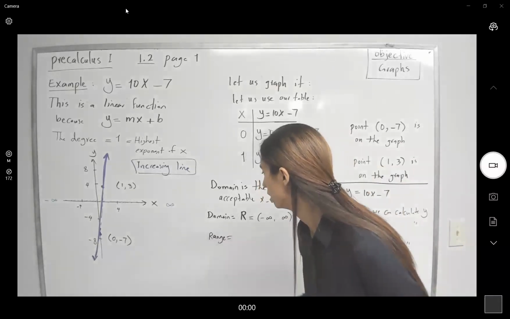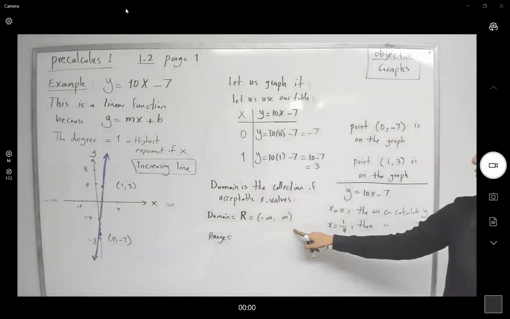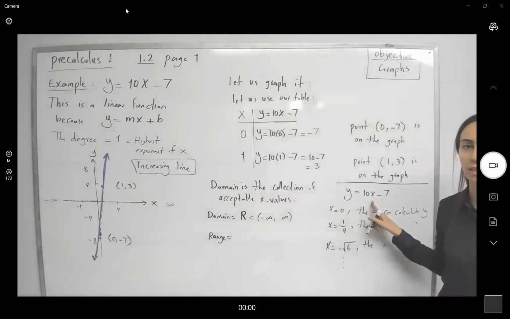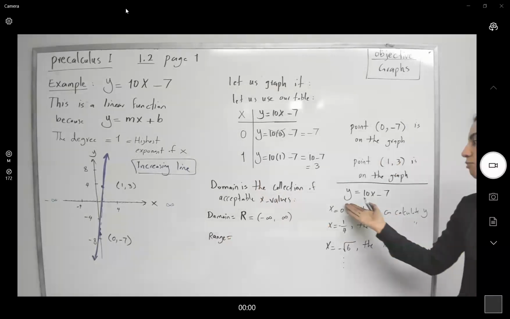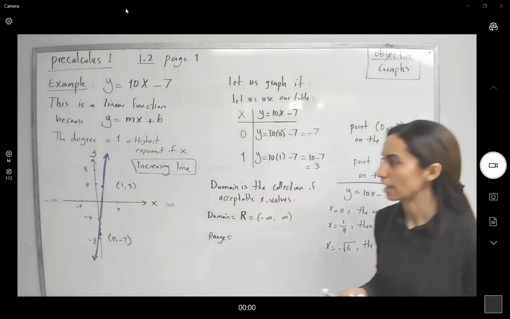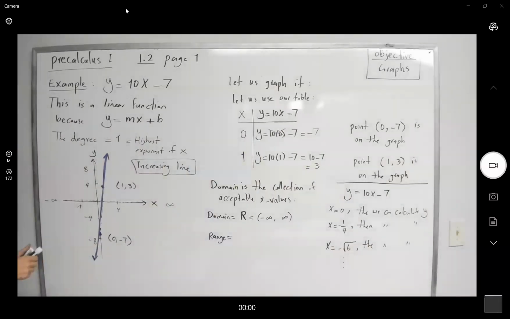Well, I can freely select any value for x. And if I calculate that, I get some real numbers for y. As you can take a look at your graph, the shade of this graph on y-axis covers everything on y-axis.